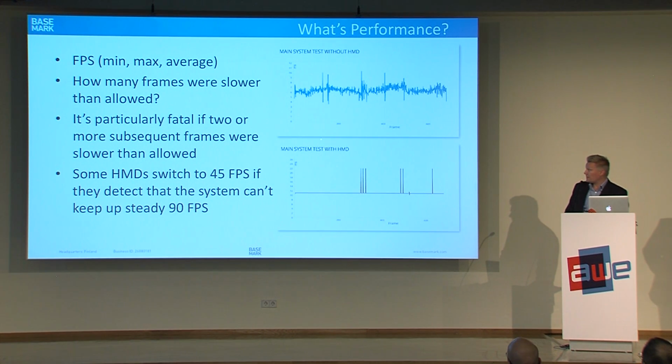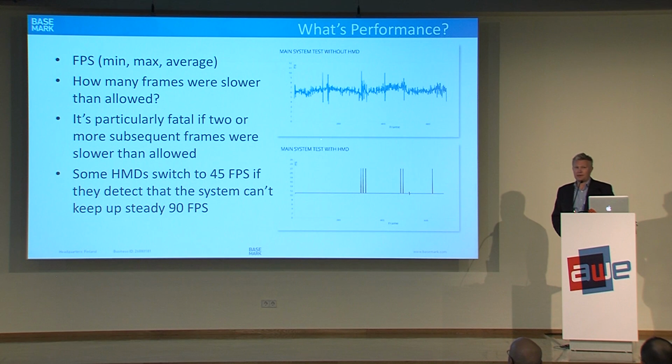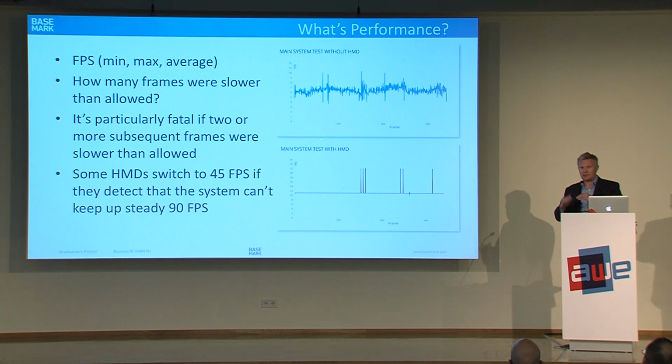And so, as I mentioned, some HMDs, such as HTC Vive, try to keep 90 FPS, but if they detect that the system is not able to solidly keep it up, then they drop their VSync rate to 45. And actually this probably results in a better experience for the user, even with a slower refresh rate, because if it's steady, it's much better than higher with occasional spikes.